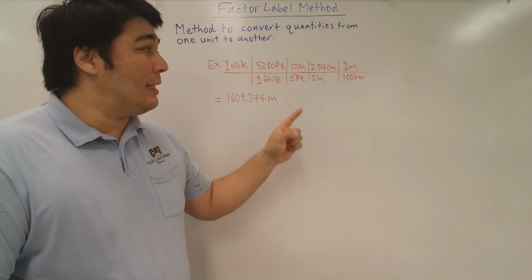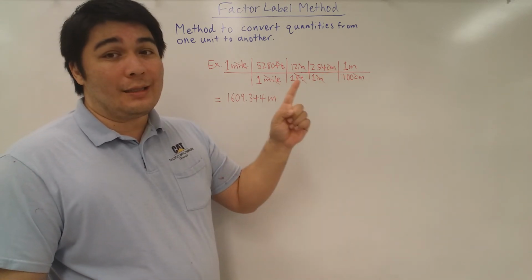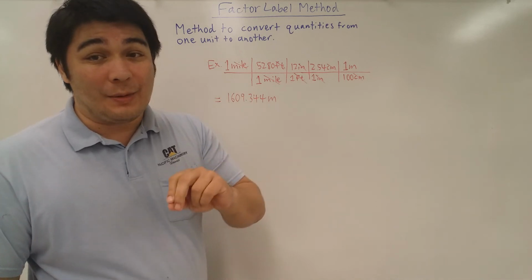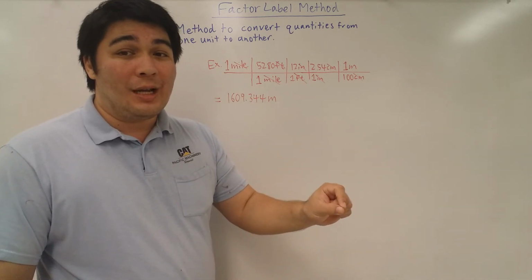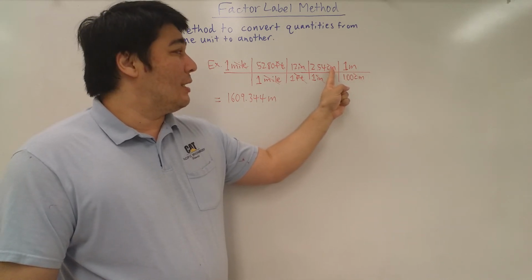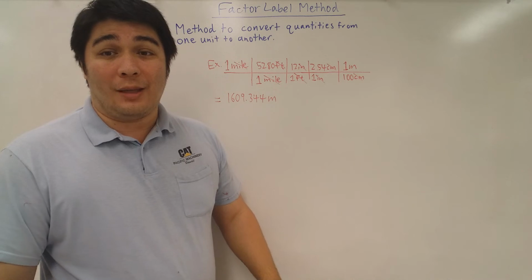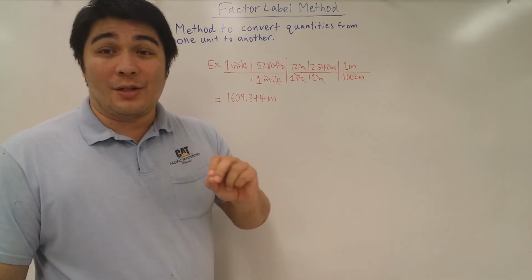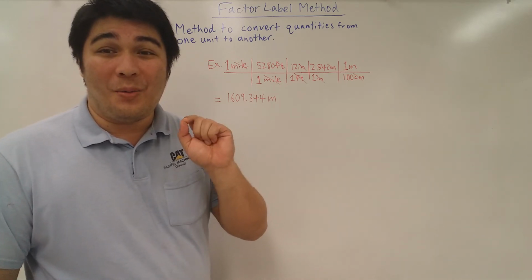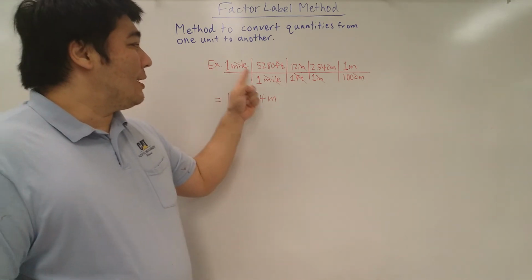The reason is that centimeters is in the numerator, and I don't want my unit in centimeters. I want my unit in meters. So therefore I have to put meters in the numerator. And if centimeters is in the numerator there, that means centimeters must go in the denominator here, because centimeters divided by centimeters is 1.